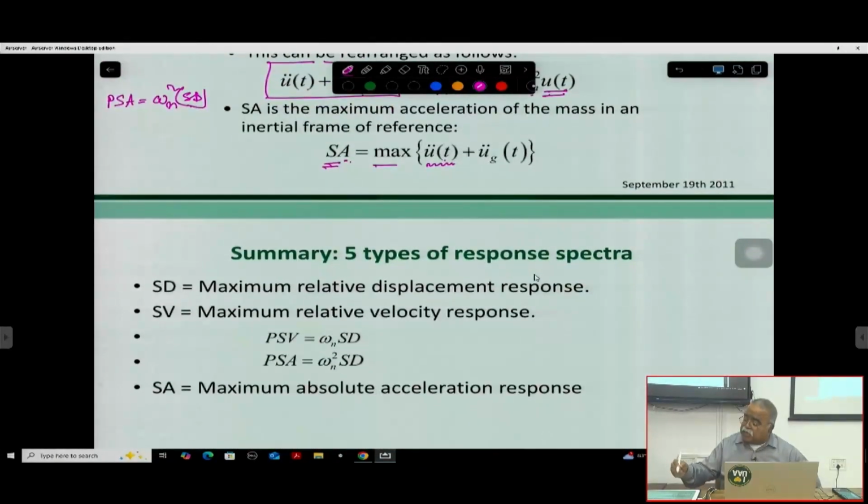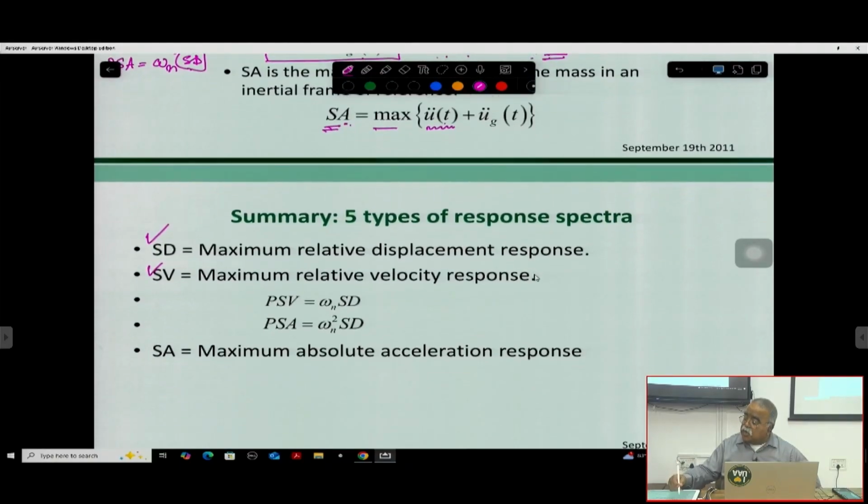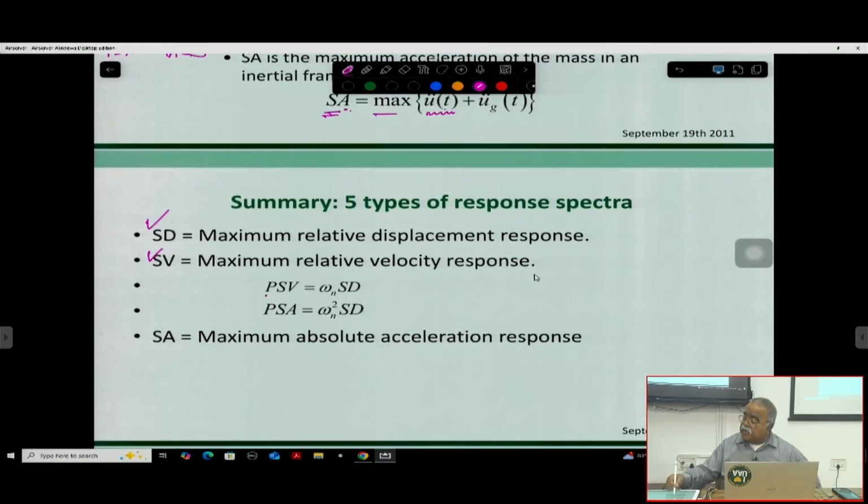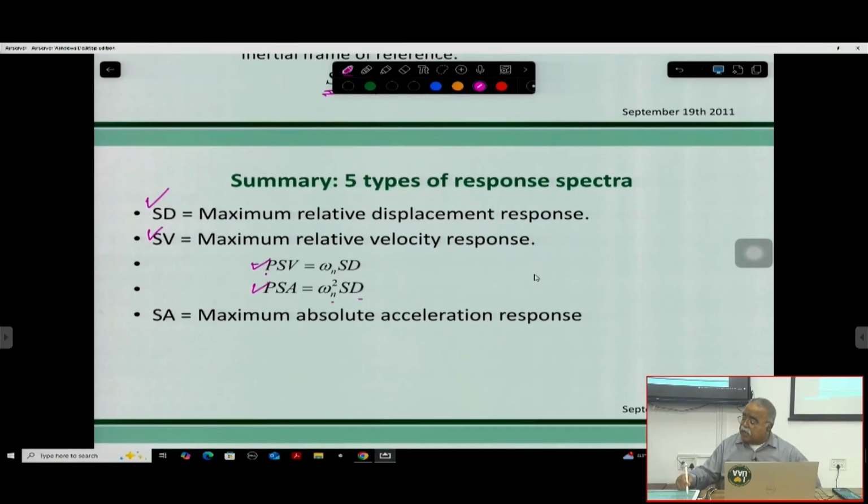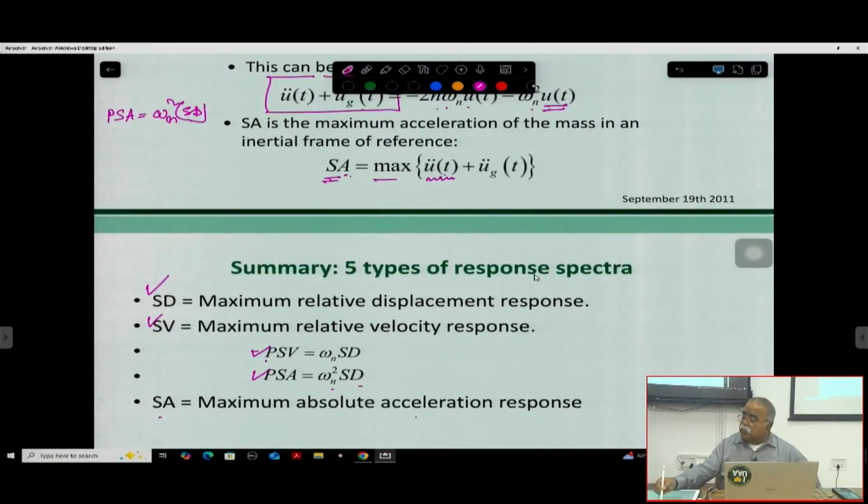So we basically get five names. SD is the relative displacement, SV is the maximum relative velocity response, PSV is omega n into SD, and PSA is omega n squared SD. The SA is the maximum absolute response spectra, the maximum of these two, right?